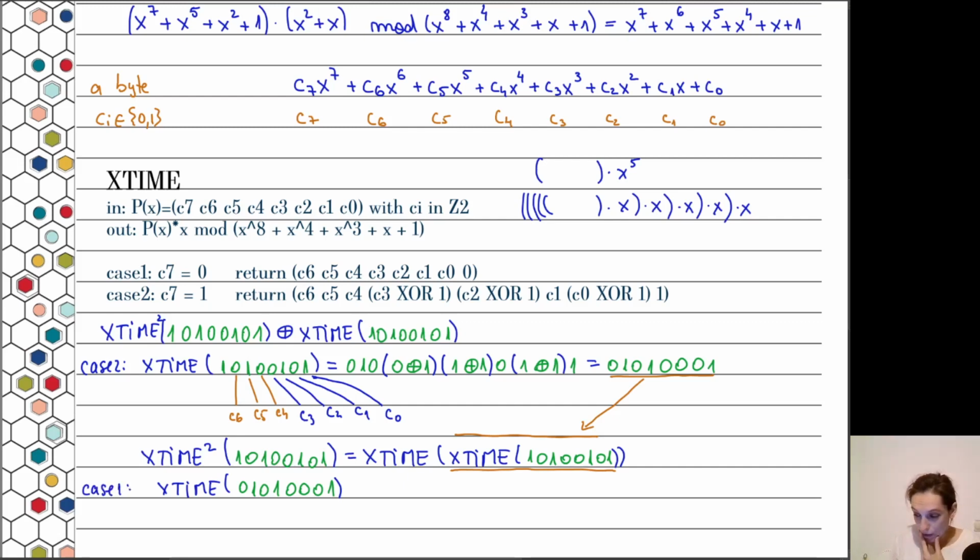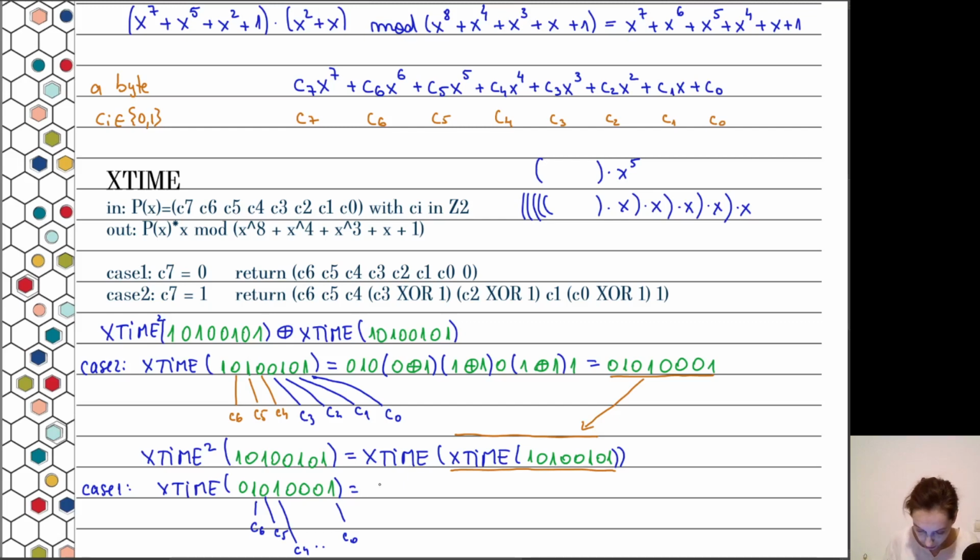What we have to do is the following. We have to shift the coefficients by 1 and put a 0 to the end, and that's all. So the coefficient C6 is this, this is C5, this is C4, and so on, and this is C0.